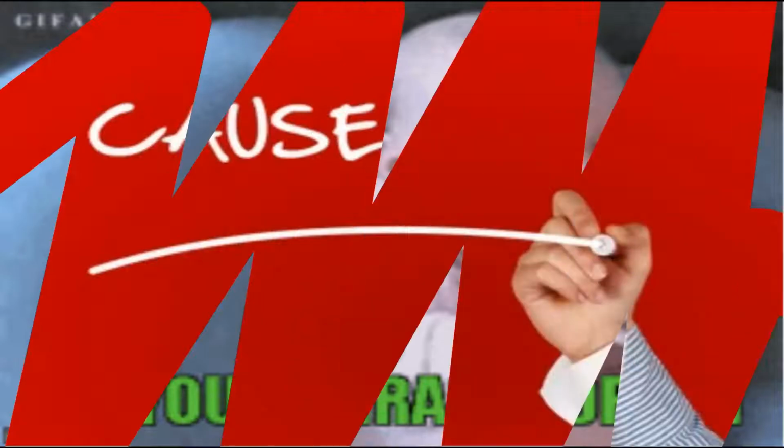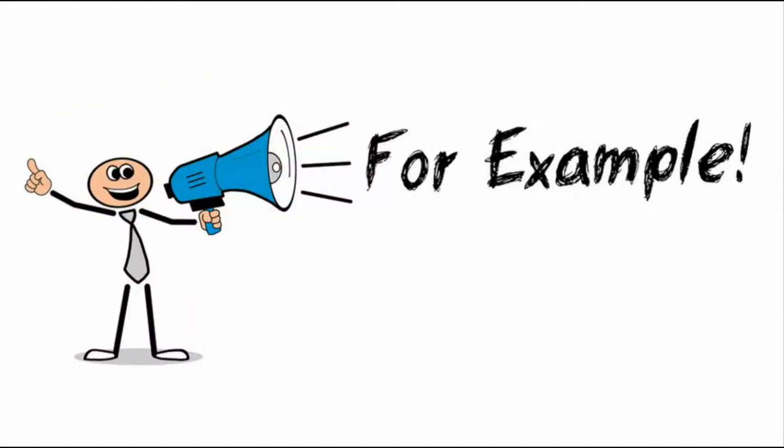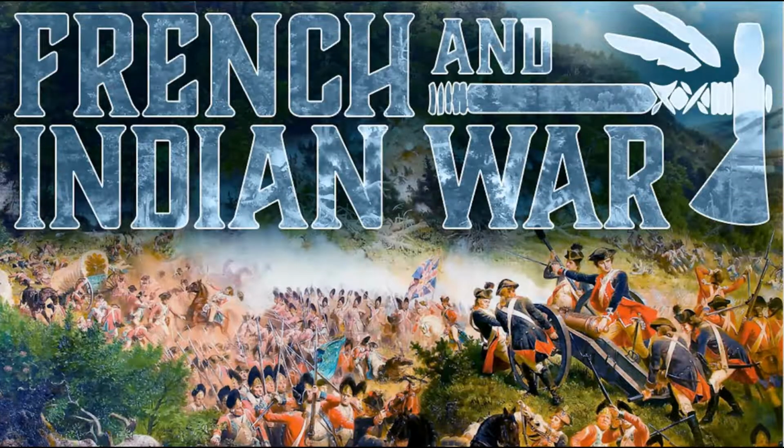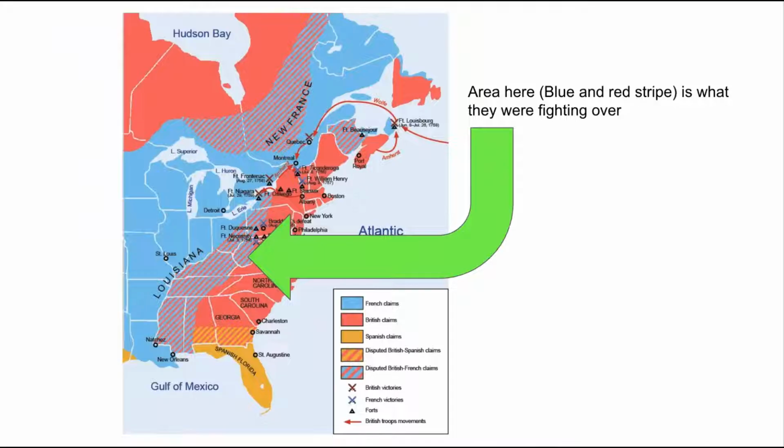The causes of the Revolutionary War didn't have an immediate impact on Georgia. For example, the French and Indian War, which was called the Seven Years' War in other parts of the world, both the French and the British wanted the Ohio River Valley region because of fur. But that didn't impact us.